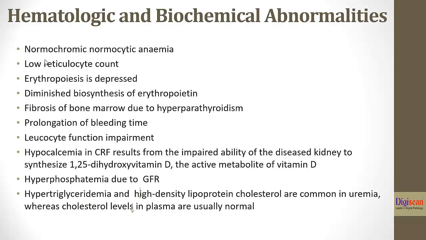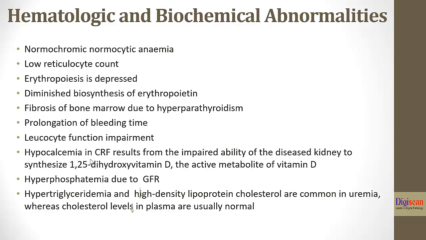On doing the blood investigation, there is a normocytic normochromic anemia, the reticulocyte count is low, and erythropoiesis is depressed because of diminished biosynthesis of erythropoietin and fibrosis of bone marrow due to hyperparathyroidism. There is prolongation of bleeding time, and leukocyte function is impaired.